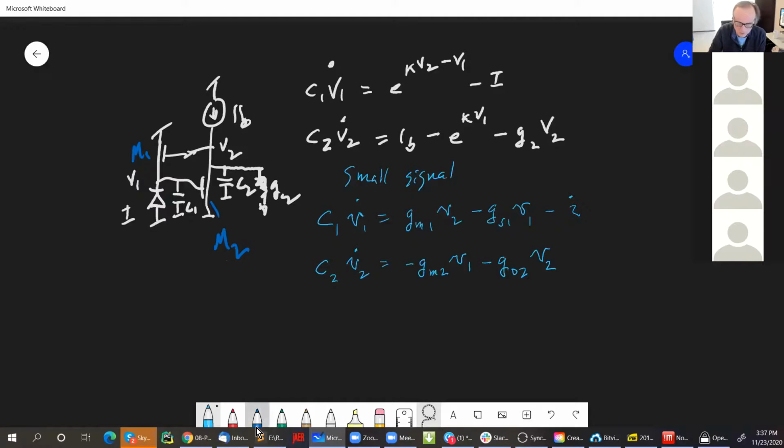The output conductance of this M2 transistor, assuming that it has an Early voltage VE. GO2 is the output conductance: the saturation current divided by the Early voltage. So GO2 is IB divided by its Early voltage.